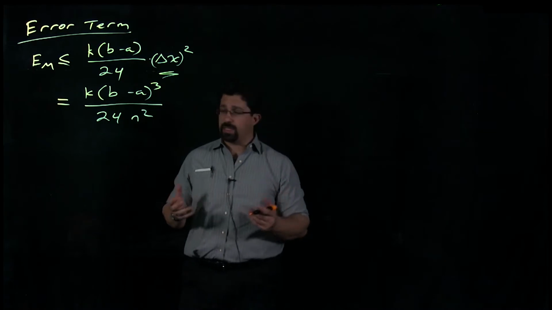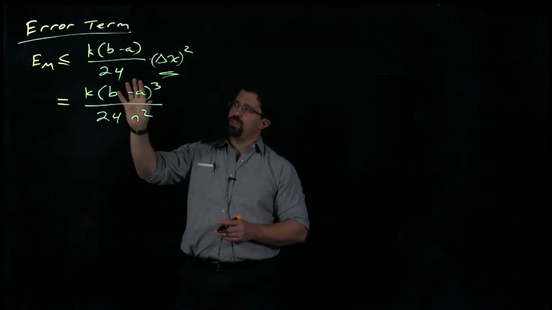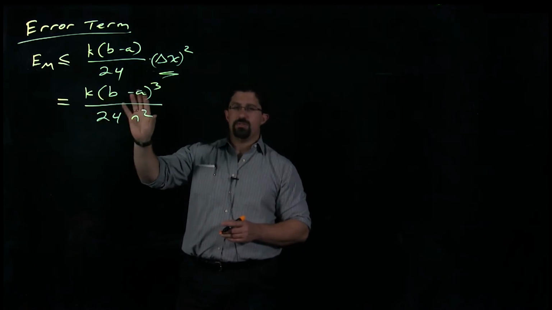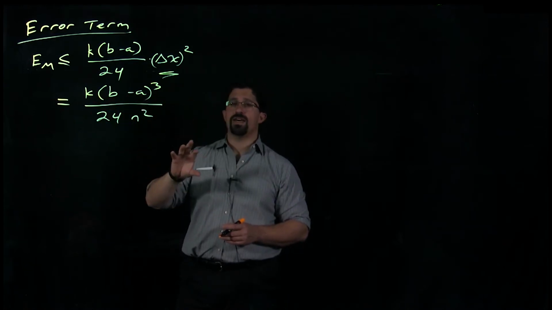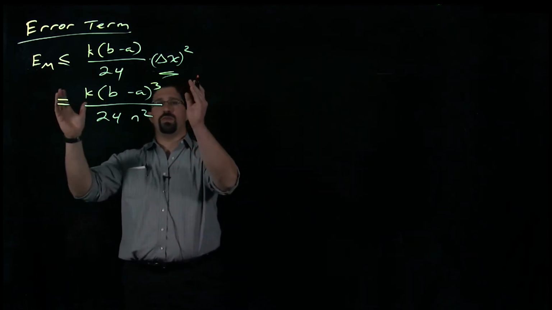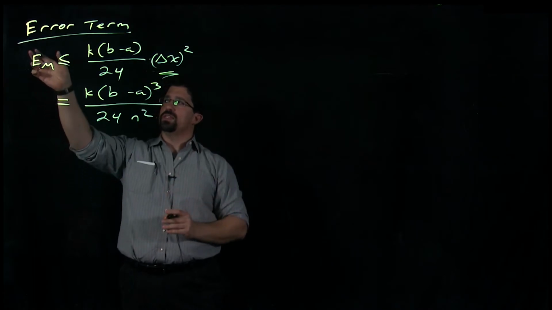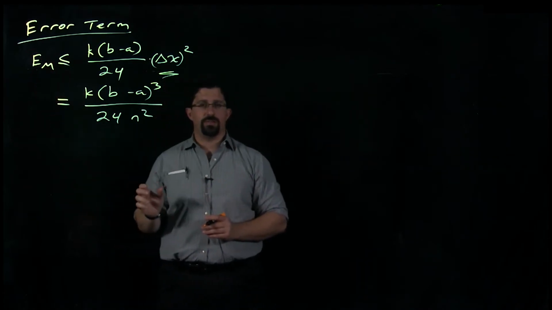Another really nice thing that happens is that the error for the midpoint estimate is generally of the opposite sign from the error for the trapezoidal estimate. This over here, what it really gives me is the biggest possible value for the absolute error.